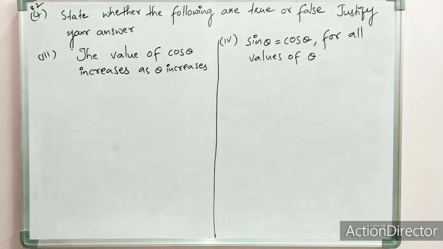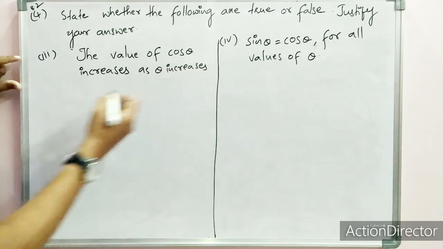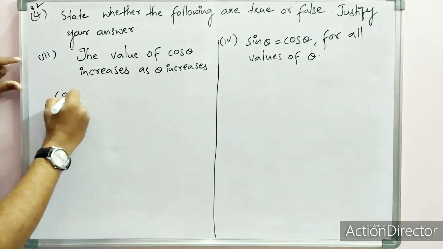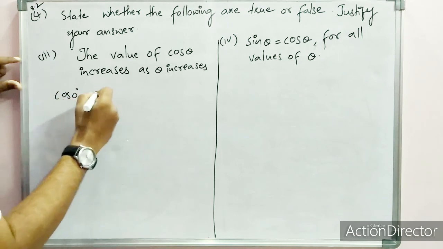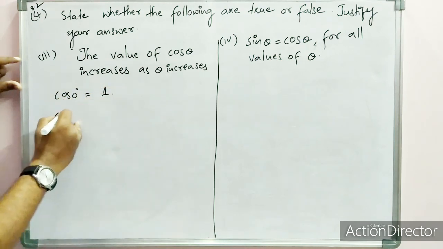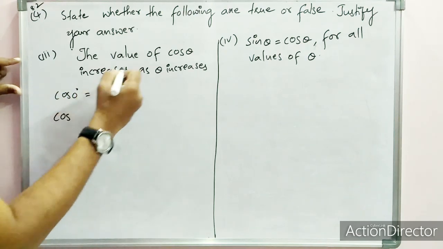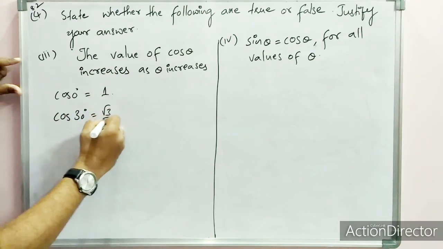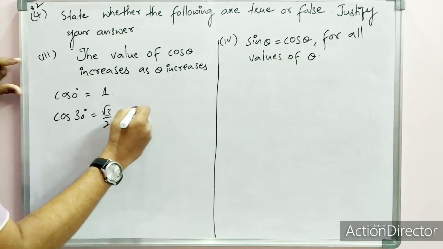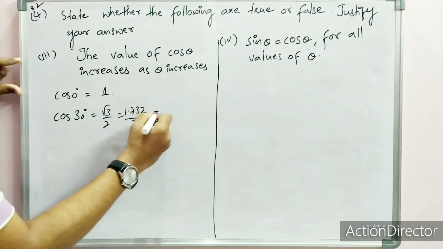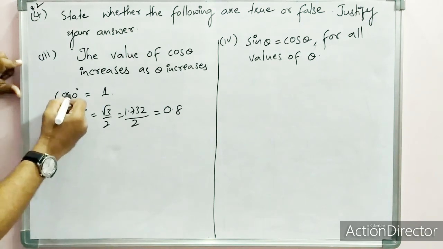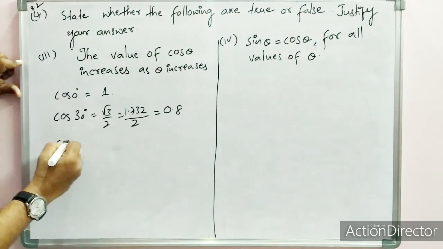Now, third question: the value of cos theta increases when theta increases. Take increasing values of theta. Cos 0 is 1 and cos 30 degrees. Cos 30 is root 3 by 2, so root 3 is 1.732 by 2, it will become 0.8 something. And cos 60.